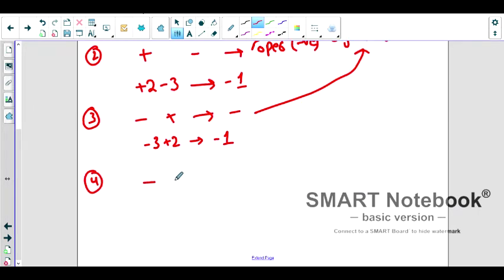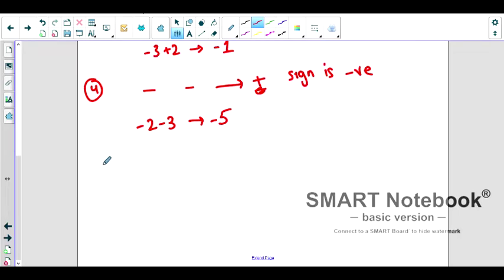Like minus 2 minus 3. Here both are negative signs, so you do addition, but the sign will be negative. You have negative 5. So you can memorize it like this: same sign we do addition, different sign we do subtraction. But in addition and subtraction, sign matters a lot.